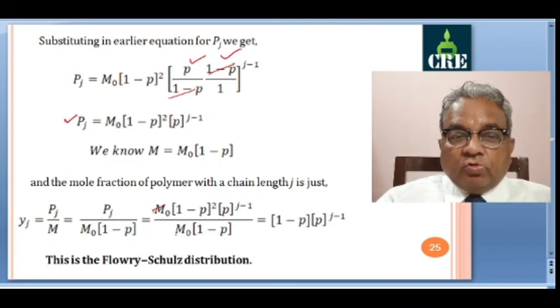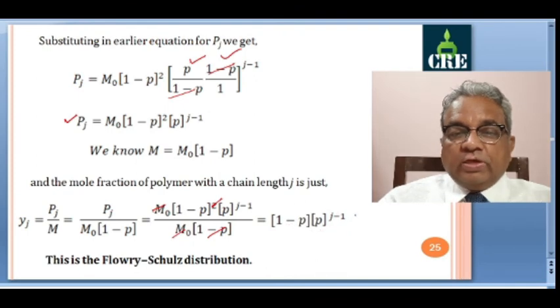So M0 will cancel out, and with this bracket this square term will go. So you are left with 1 minus P into P raised to J minus 1.